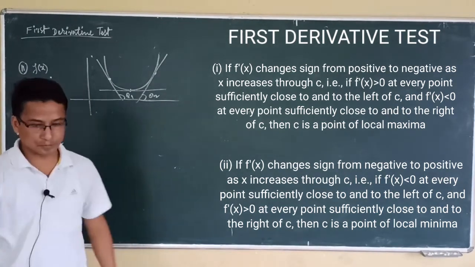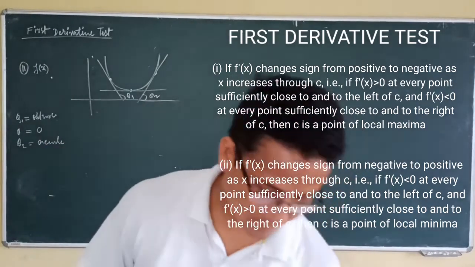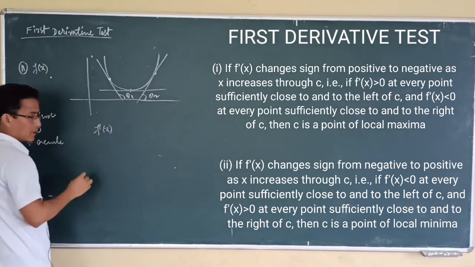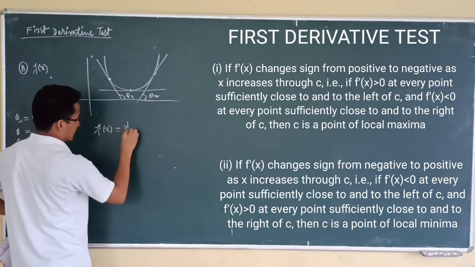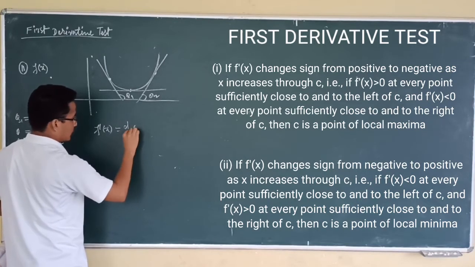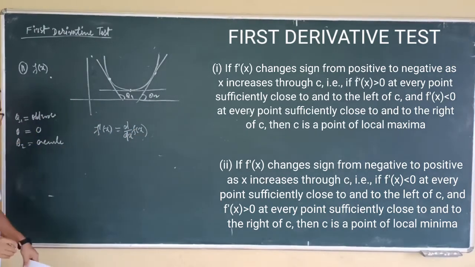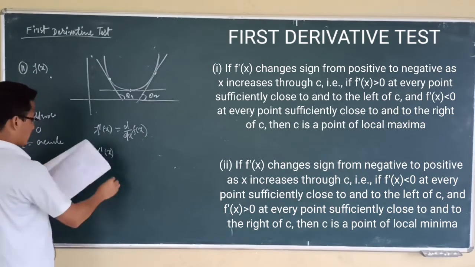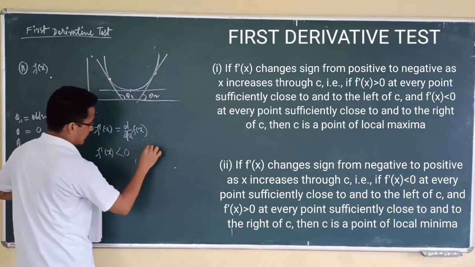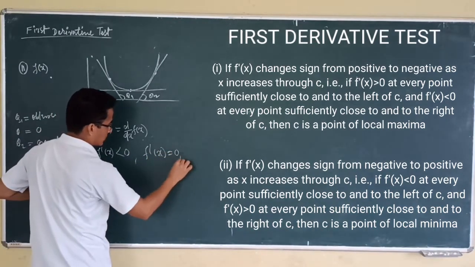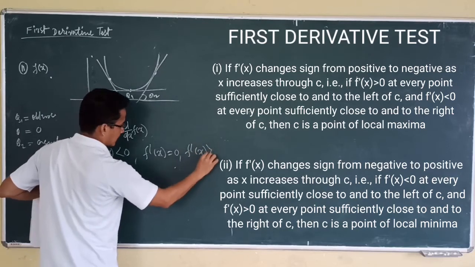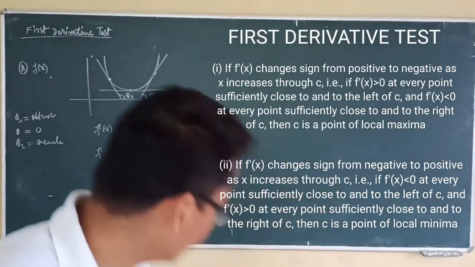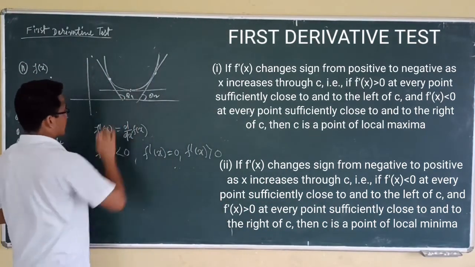Now we apply that process here also. So f dash x means dy by dx, which is d by dx of f of x. So f dash x less than 0, f dash x equal to 0, and f dash x greater than 0. Now you will see this is the critical point.